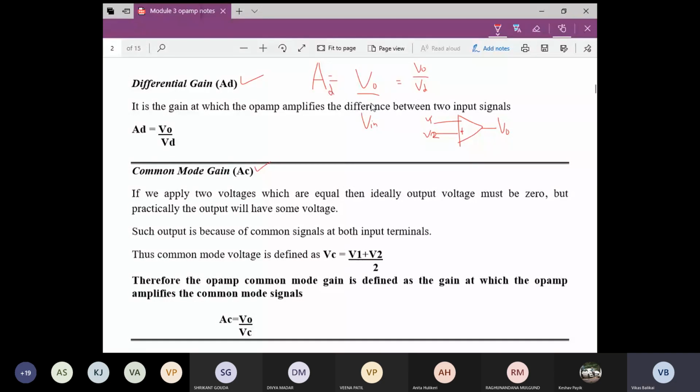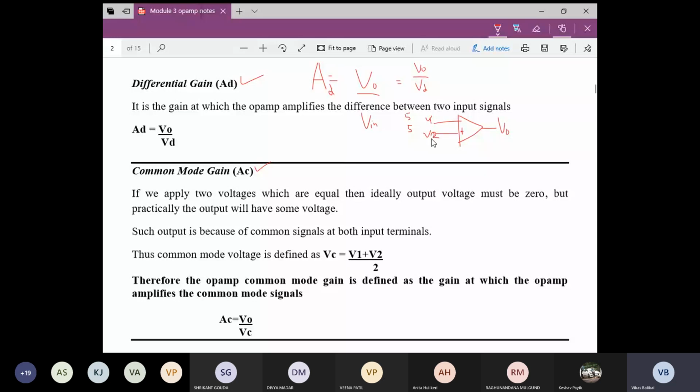At the same time, let's say V1 and V2 are applied with common signals. For example, I give a 5 volt signal to this terminal and a 5 volt signal to that terminal, and as per the above equation, the difference between these two input signals will be taken into account. So if I give 5 volts to both terminals, what will be the difference? The difference will be 0.